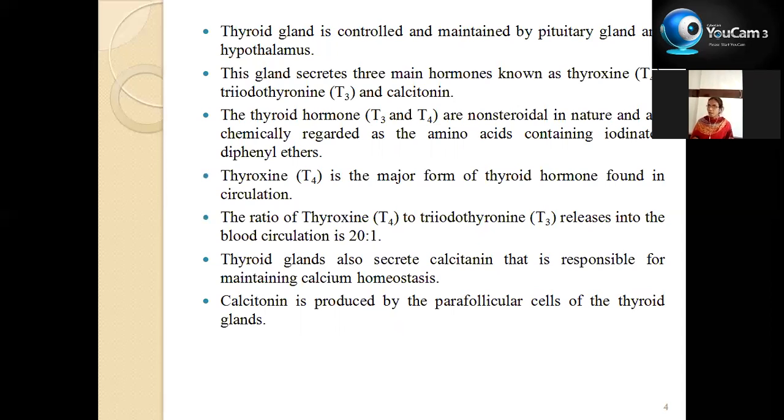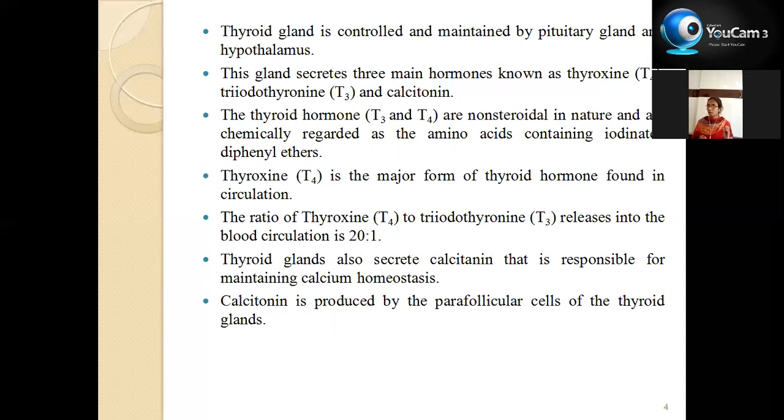The thyroid gland secretes three hormones: thyroxine, T4, triiodothyronine, T3, and calcitonin.